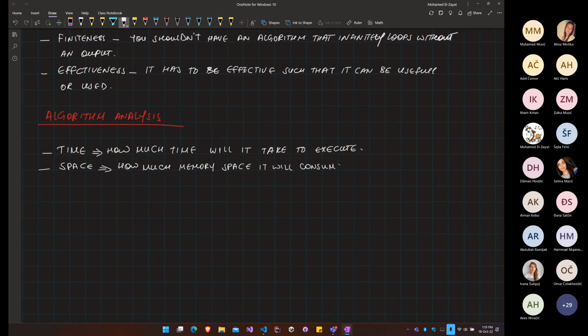And this is also an interesting concept. Imagine that you are trying to solve a problem, but while you are solving it, all of a sudden you consume more RAM than you should, or more RAM than what you have. Right now, your algorithm might be running fast, but you sacrificed the memory. So you need to make sure that you are also within the memory budget or the space budget.